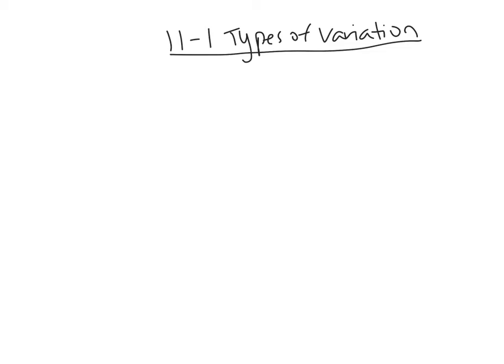The first one is called direct variation. Direct variation, you want to think of the word multiply.